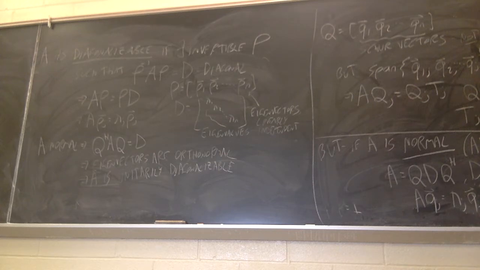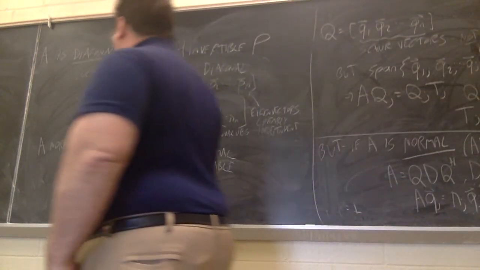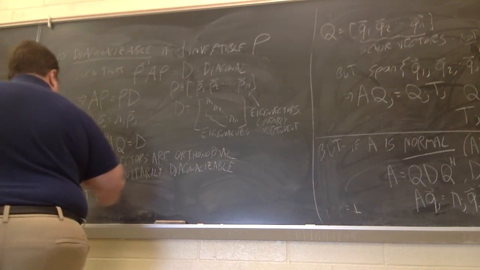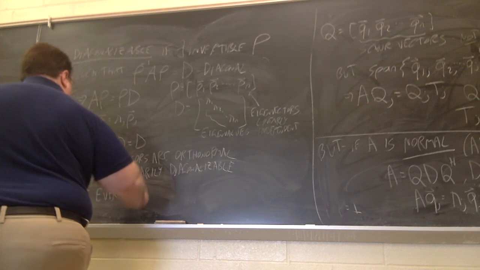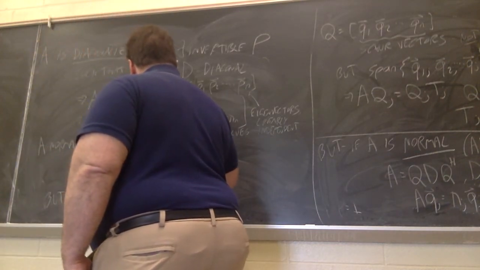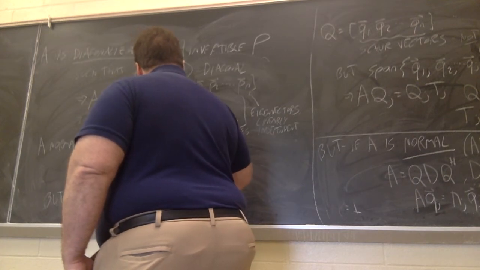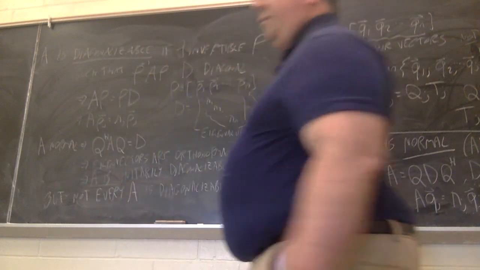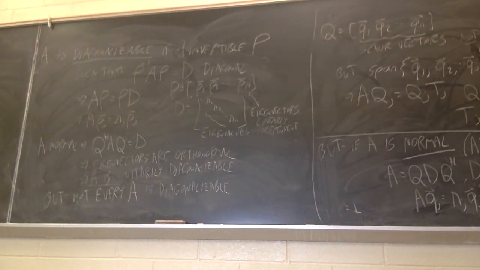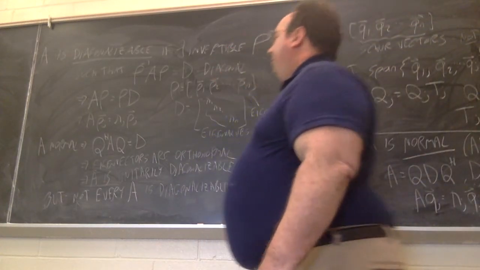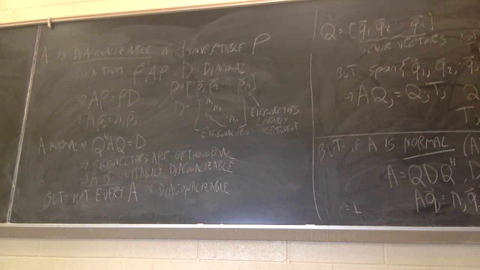The problem is, not every square matrix is diagonalizable. Certain very important categories of them are, but not all. Now, every matrix, diagonalizable or not, still has a Schur decomposition, so you can always reduce to triangular form.